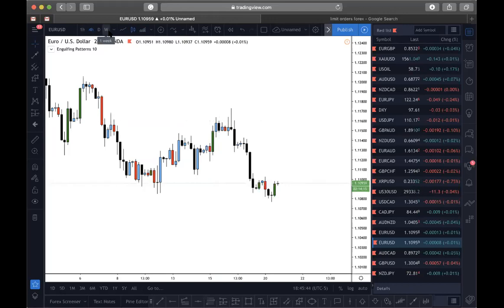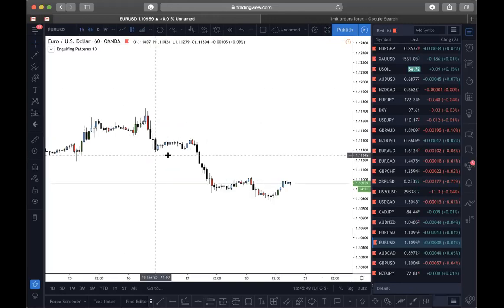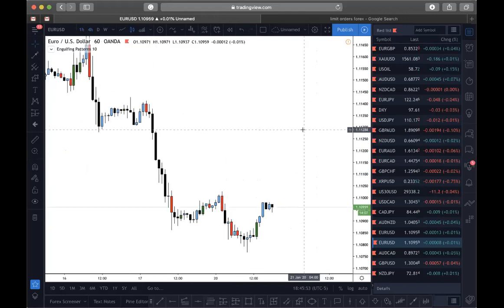Let's go on the 1 hour time frame. What does that mean? That means that each candle on this chart represents 1 hour of movement. So this is 1 hour, this is 1 hour, this is 1 hour, this is 1 hour.